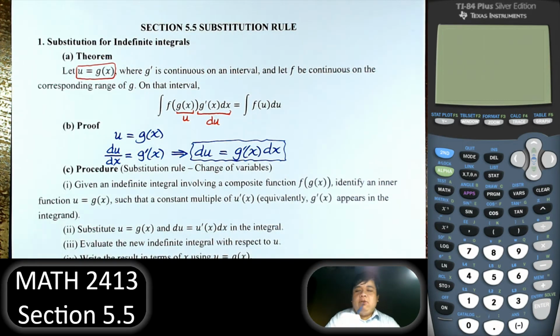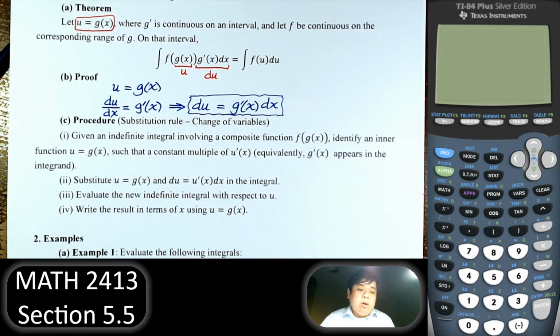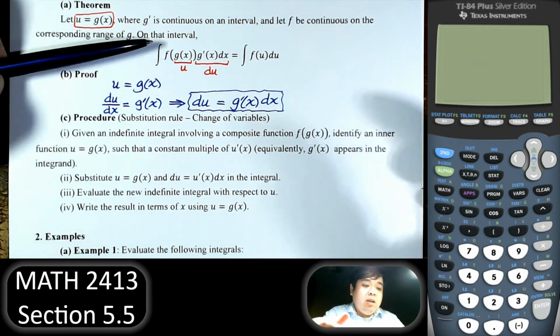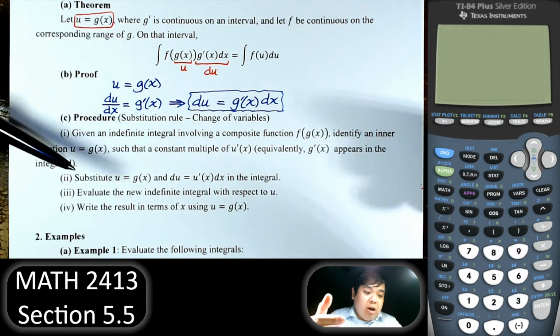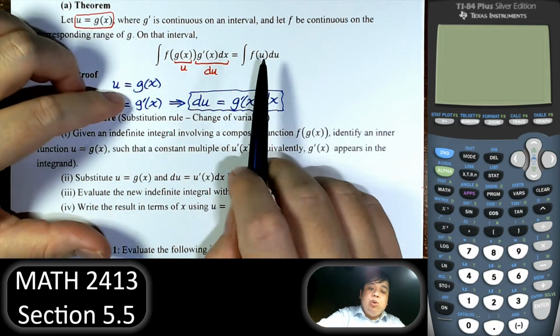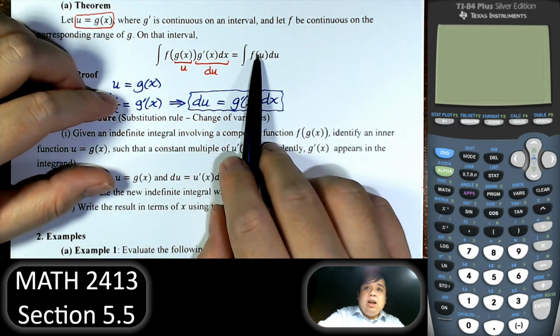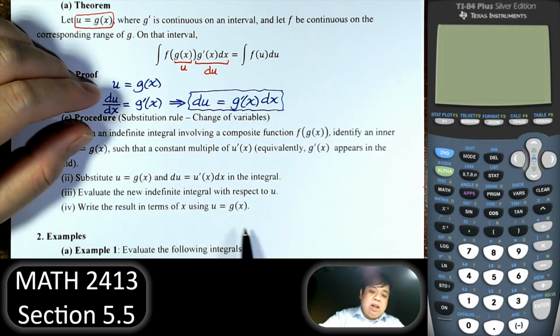So simple enough. Right. So if the integral is in terms of x, we will write it as an integral in terms of u. Evaluate this, and after that, we rewrite the answer in terms of x.